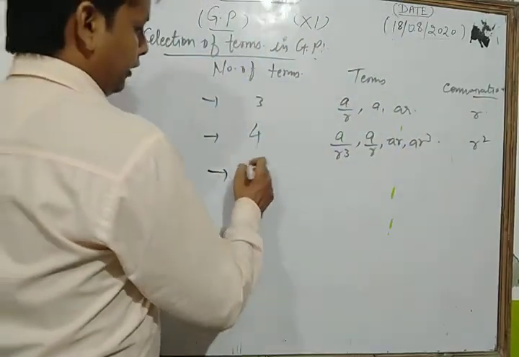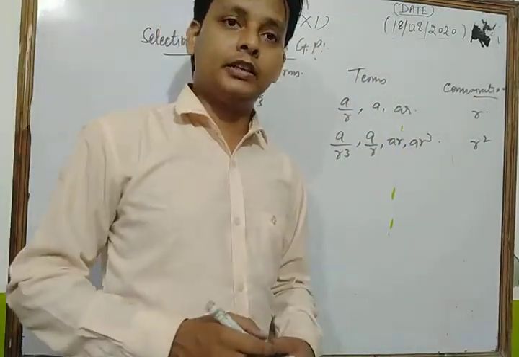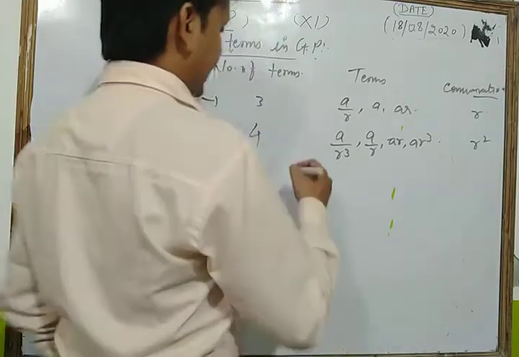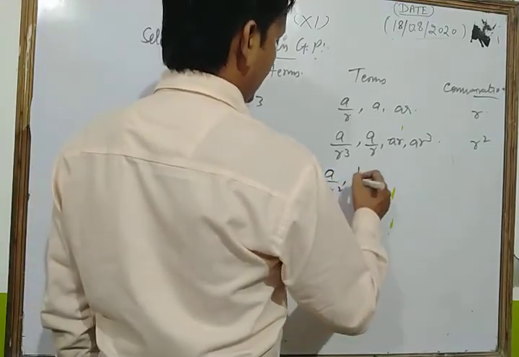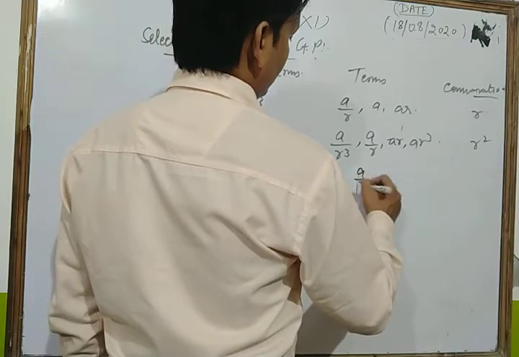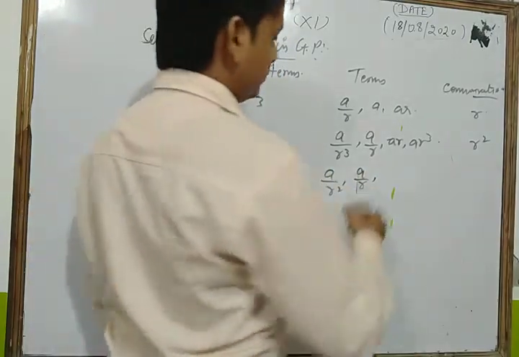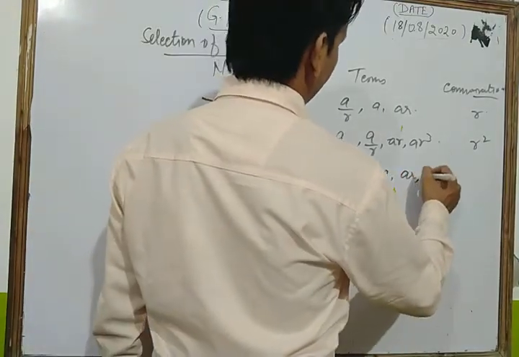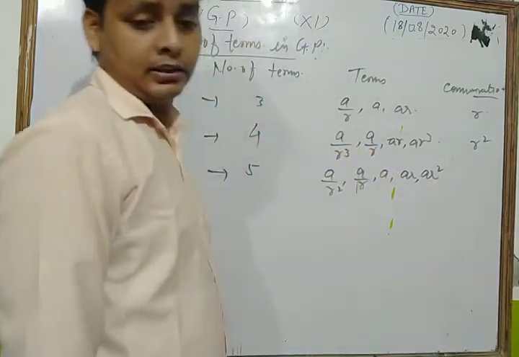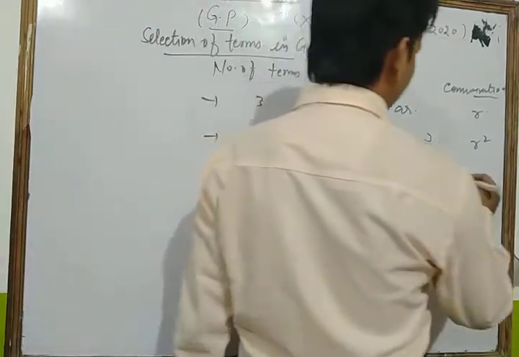Now if you take five terms which are in GP, then you take them as a upon r square, a upon r, a, ar, ar square, and here the common ratio is r.